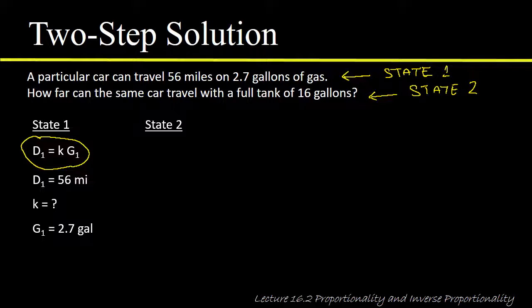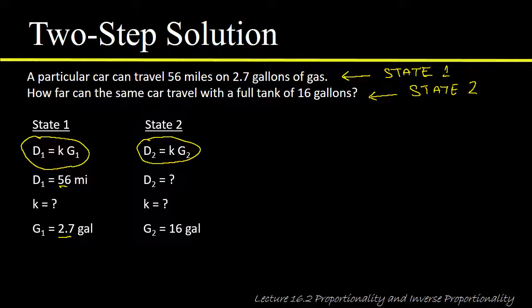Distance for state 1 is 56 miles, and the amount of gas in state 1 is 2.7 gallons. Right? Then we do the same thing for state 2. Again, we've got the same equation, but now I'm going to write D2 is equal to K times G2 to indicate that those are the variables for state number 2.